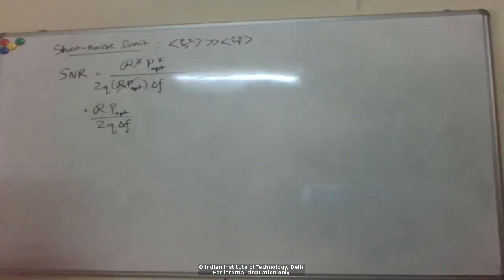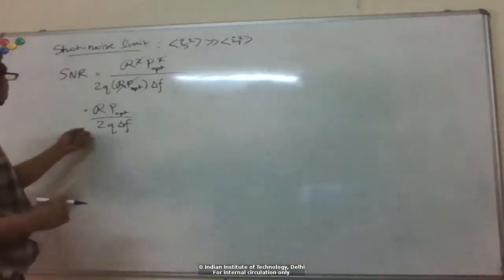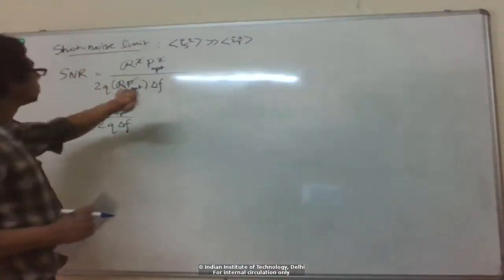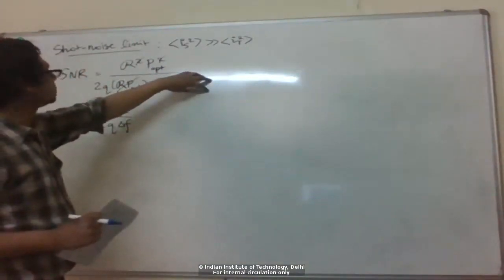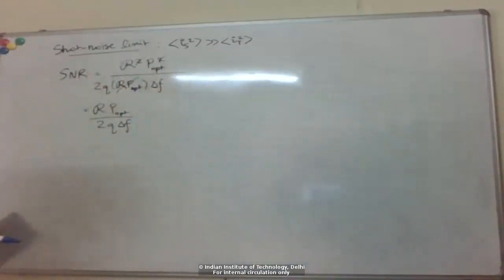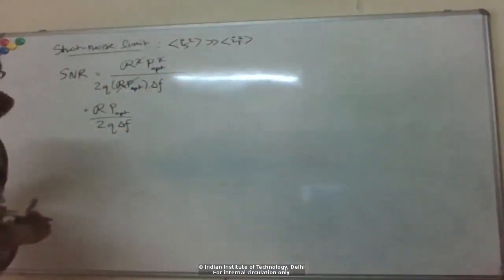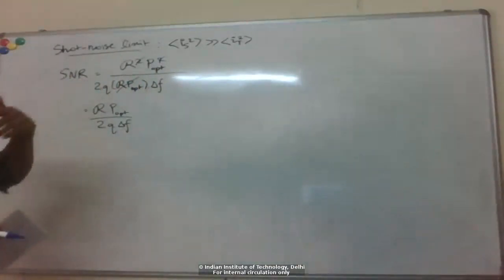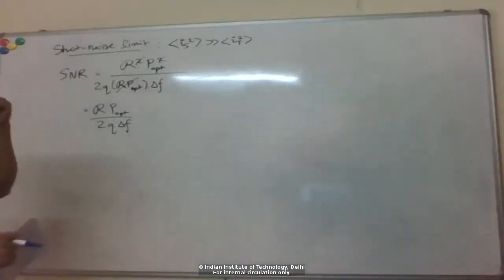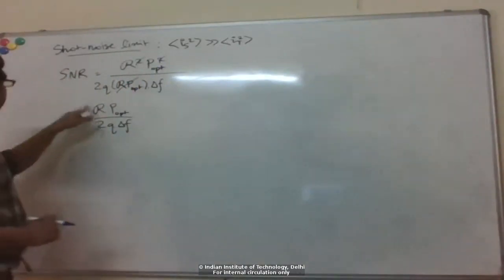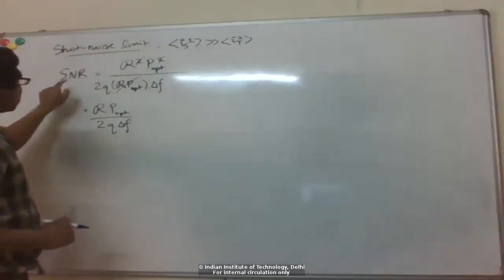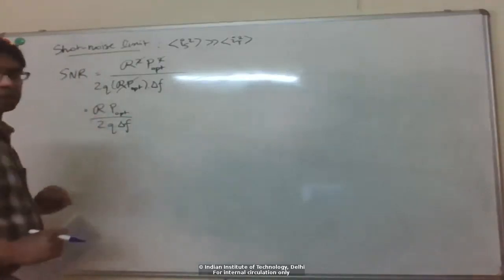Recall that in the thermal noise limit, the SNR scaled as the square of the optical power, because the thermal noise term was constant. So again, this is the electrical SNR, proportional to I squared R. But in the shot noise limit, we can see that this electrical SNR scales linearly with the optical power.